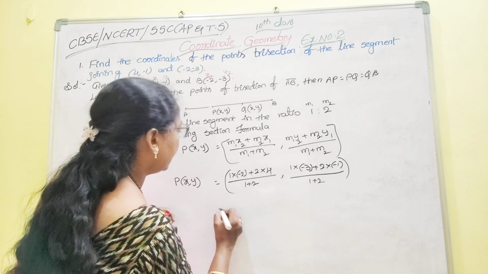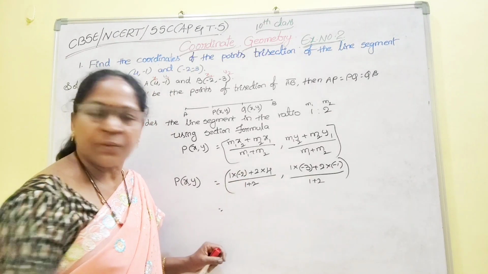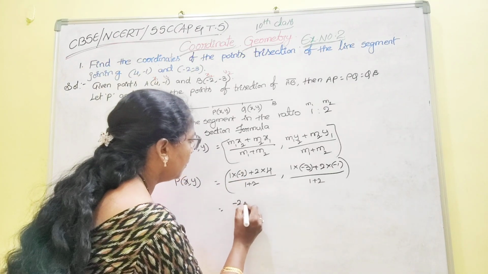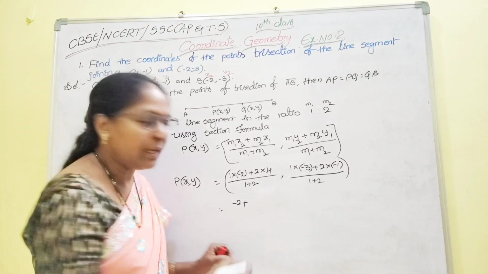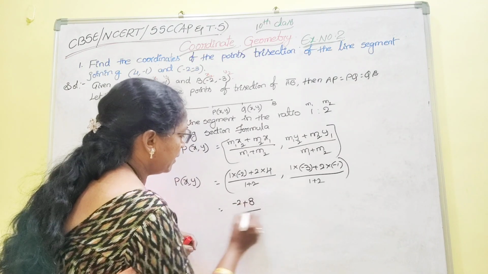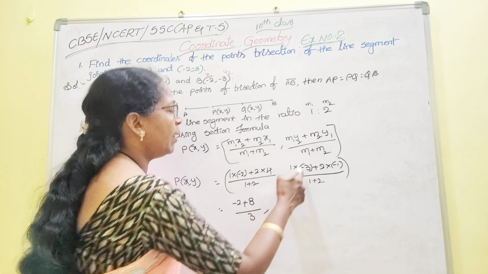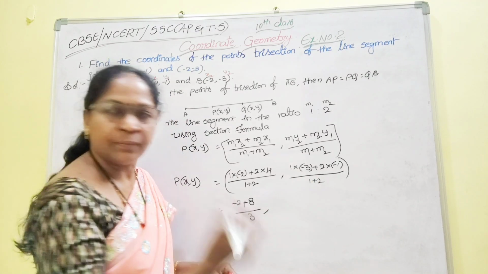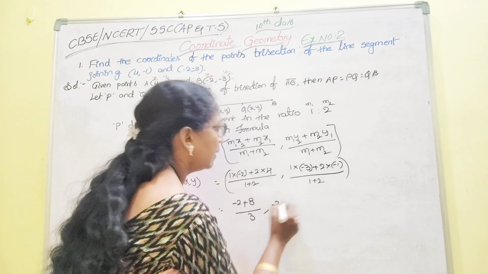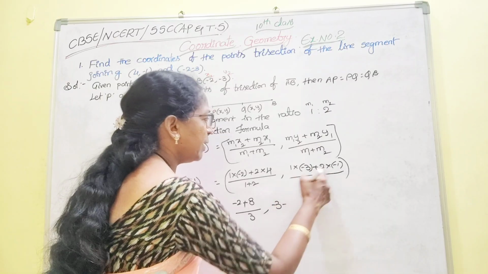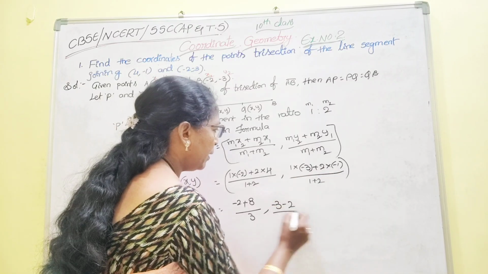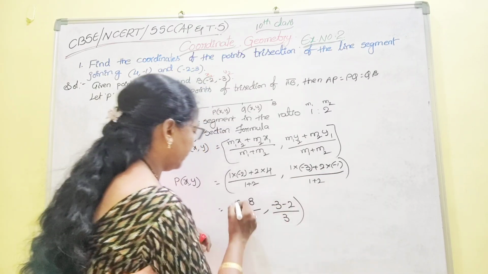That equals 1 into -2 equals -2, plus 2 into 4 is 8, divided by 1 plus 2 equals 3, comma, 1 into -3 is -3, plus 2 into -1 is -2, divided by 3.